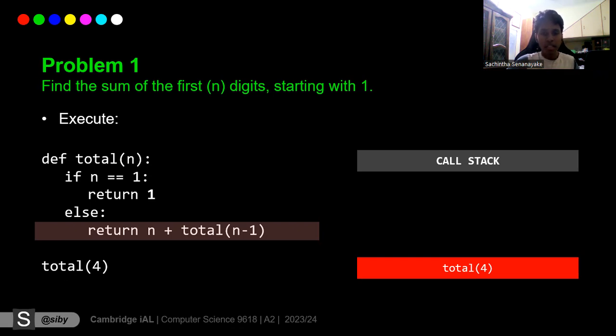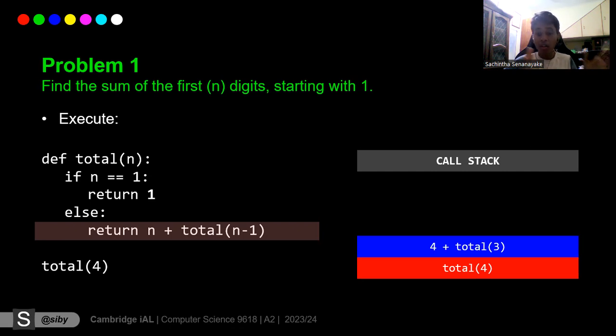So what happens is that portion of the function call is going to get added to the call stack once again on top of the total 4. So remember, 4 plus total 3 is pushed into the stack with its respective values, because we don't know what total 3 is yet. It has to go on calling further and further to actually get to the result of whatever total 3 is.